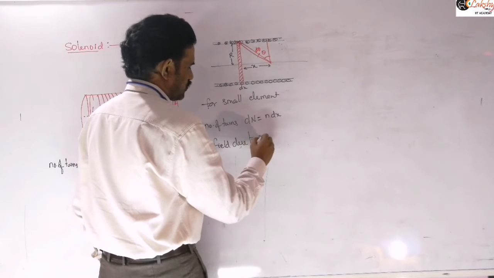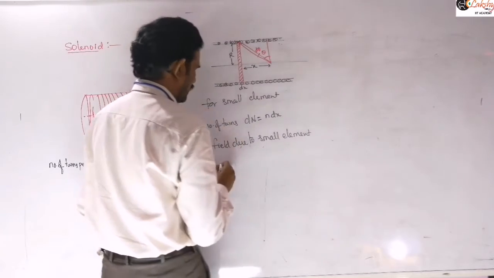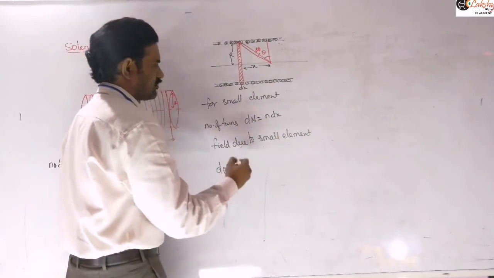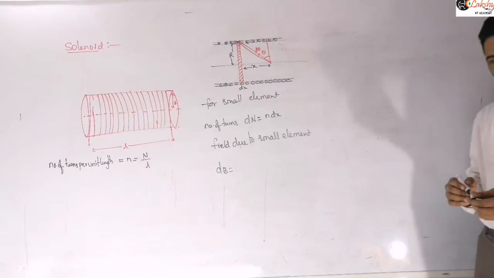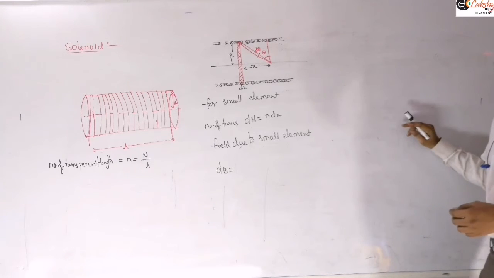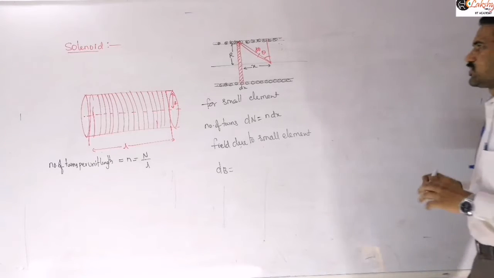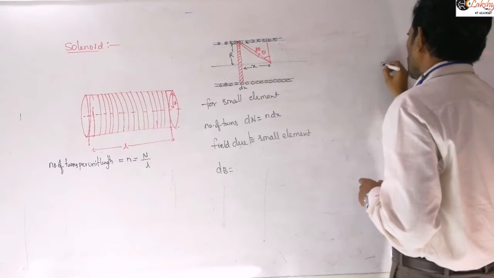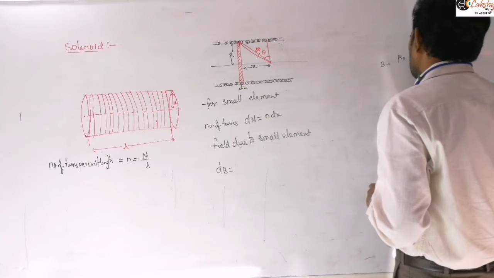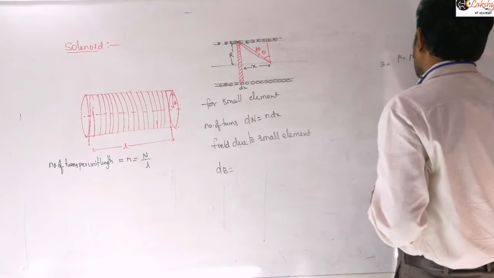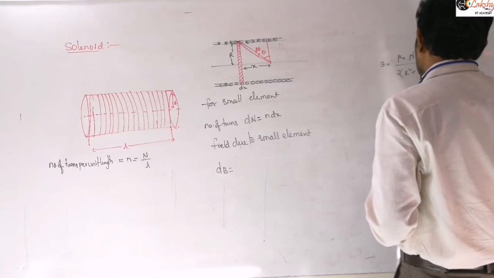The field due to the small element, dB, is equal to: for this we need to apply our circular ring formula that we discussed in our previous class, the magnetic field due to a circular ring at an axial point. The formula is B is equal to mu naught, if n turns are there, N i R square by 2 into R square plus X square whole power 3 by 2.